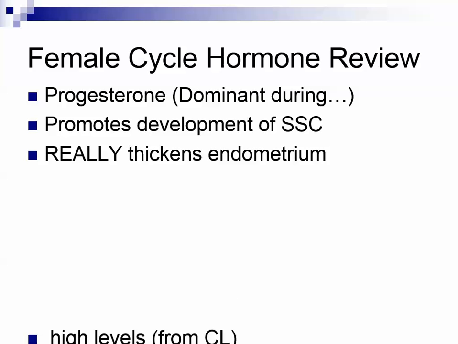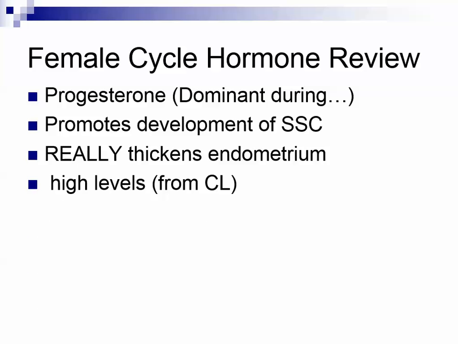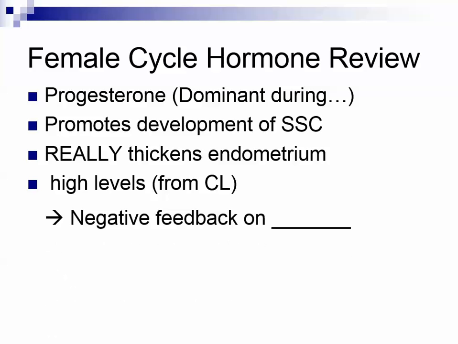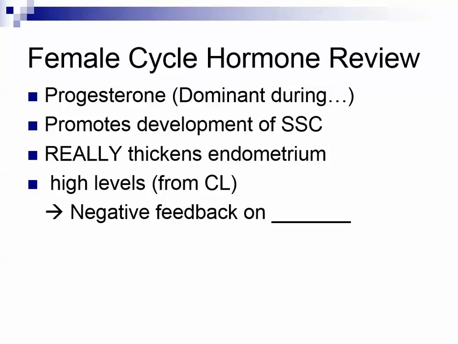And because the corpus luteum is large when it forms, the levels of progesterone are already at high levels, and it continues to exert negative feedback on the hypothalamus. This is important because we just popped out one egg. We don't want to mature another egg until we see if this one's going to be fertilized or not.